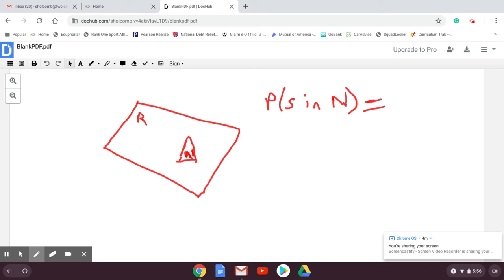You take the overall population, the population is R, and that's the area of R. So it's the area of R. That's going to be on the bottom because you take it out of the entire population. And then what's the possibility that S is in N? It's the area of region N divided by the area of region R. So you take the area of both, put them in a ratio, and see the relationship.